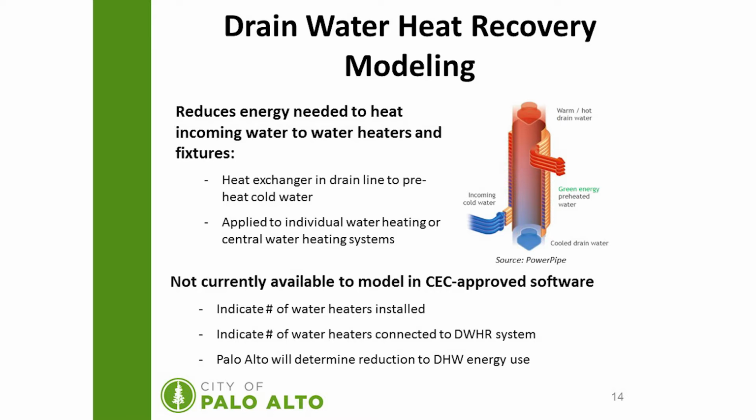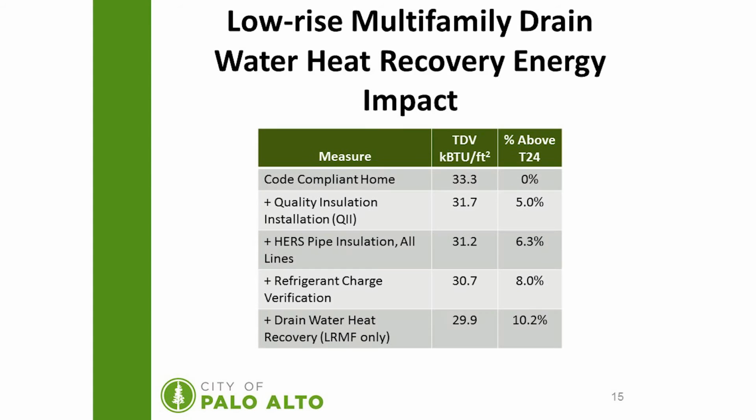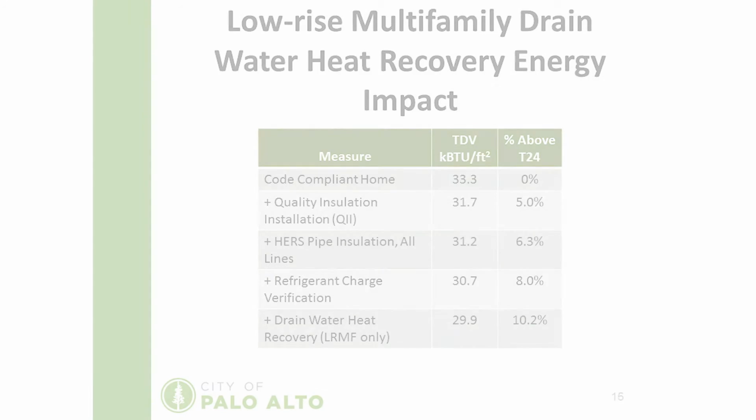I won't get into the details of exactly how we determined the energy reduction to domestic hot water, but here we can see that for low-rise multifamily, we saw a reduction in the TDV kBTU, and achieved 10.2% energy compliance.